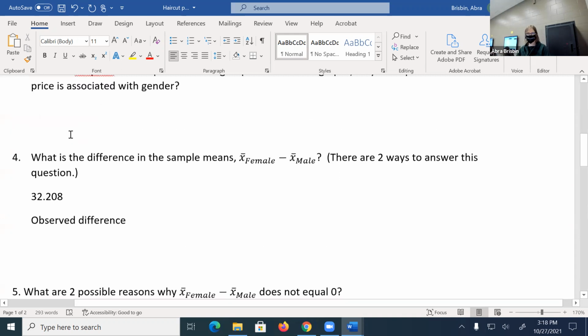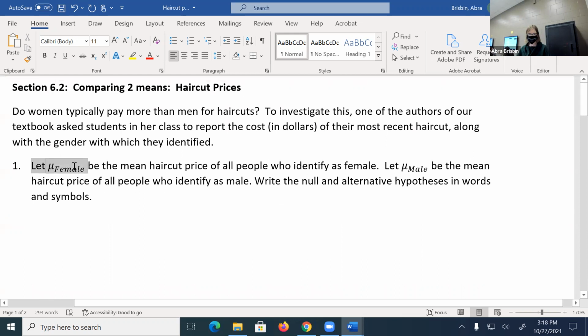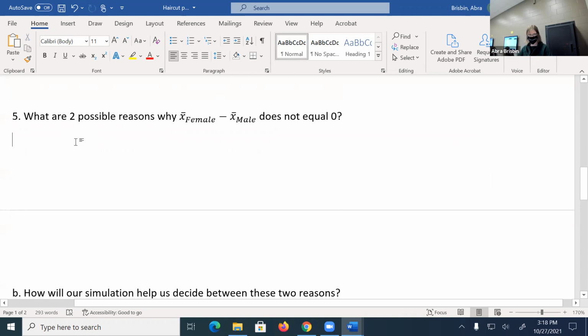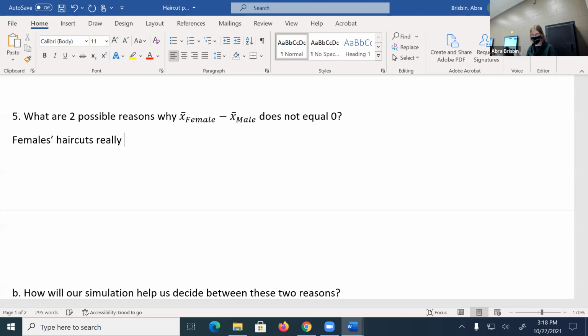Yeah, so it might be that females' haircuts really do cost more than males. So in other words, that the difference in population means really is different from 0.